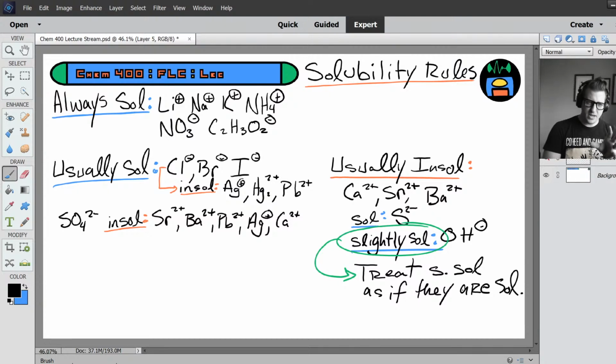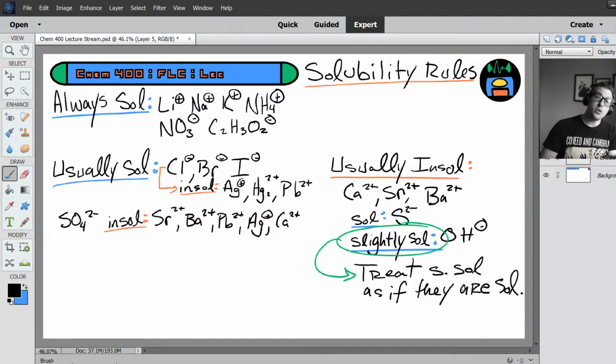Slightly soluble compounds kind of dissolve, but they have a hard time doing it. So often if you make a solution, for example, with calcium and hydroxide, calcium hydroxide solutions are notoriously cloudy, because the calcium hydroxide doesn't totally dissolve. It's not an insoluble salt. It's not sitting there on the bottom as a solid, but it's also not going fully into solution either.